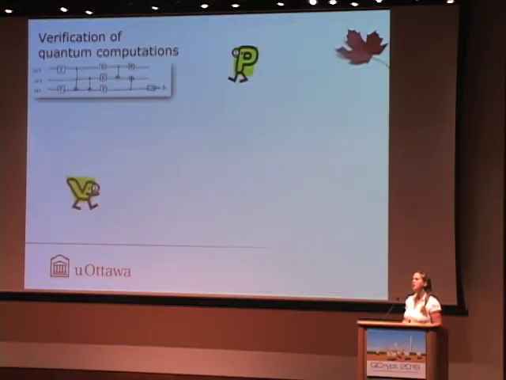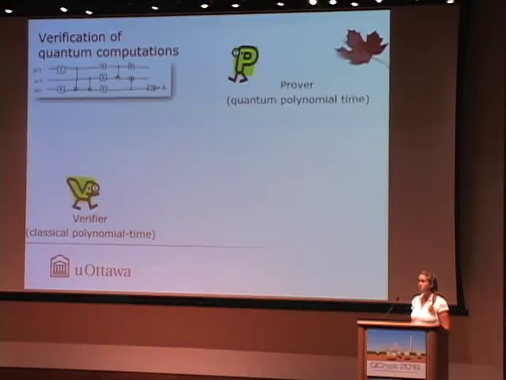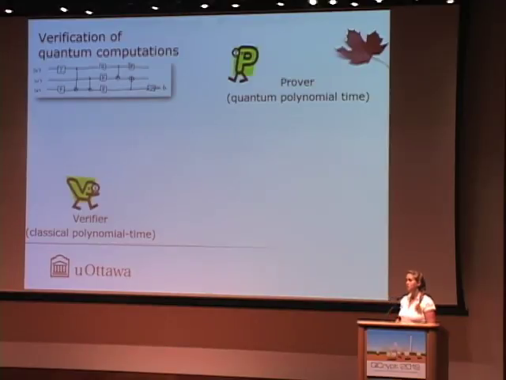The problem we want to look at today is more general than boson sampling. We want to look at general quantum computations. So we'll take the viewpoint of the experimenter being a verifier, and they are classical, and they run in polynomial time. And the experiment, we'll also call that the prover, and it's quantum, and it runs in polynomial time. So everything should be efficient. We should be able to do this experiment in a reasonable amount of time, as well as the verifier, where the verifier would be a classical device.